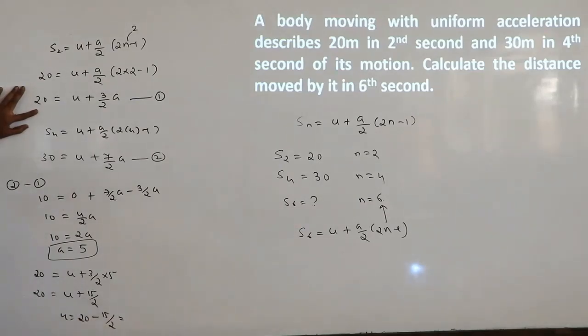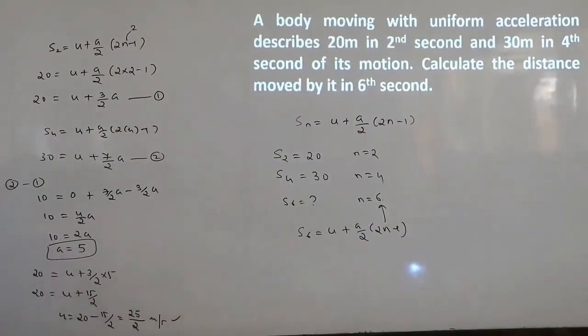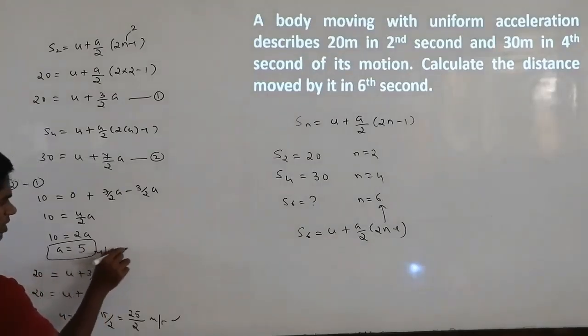So 40 minus 15, 25 by 2 meters per second. So you got the acceleration and the velocity U as well. U is 25 by 2 and A is 5 meter per second square.